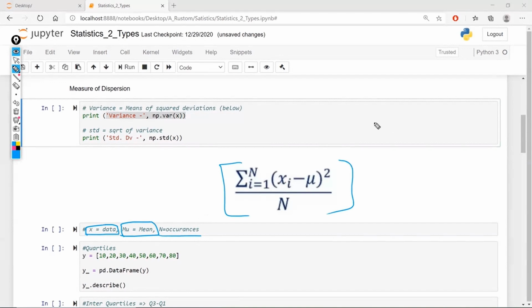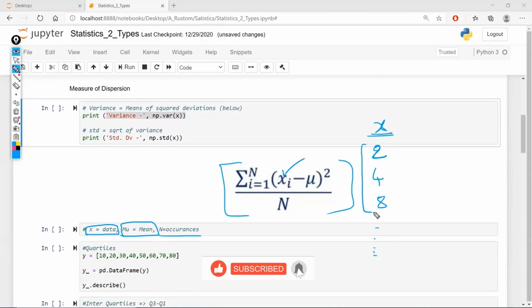Say that I have data here, x: 2, 4, 8. This is basically x data. You can have many numbers here or any variable, and with respect to that variable, we'll have data. So 2, 4, and 8 are x data. And what is mu? Mu is basically the mean.